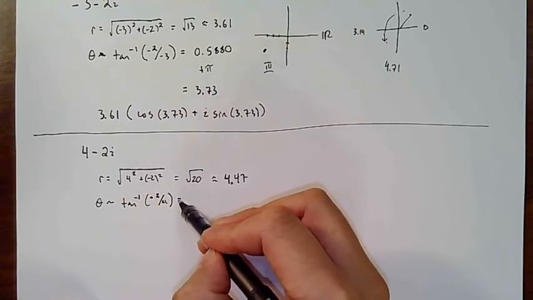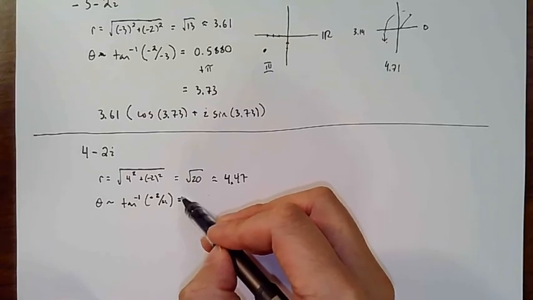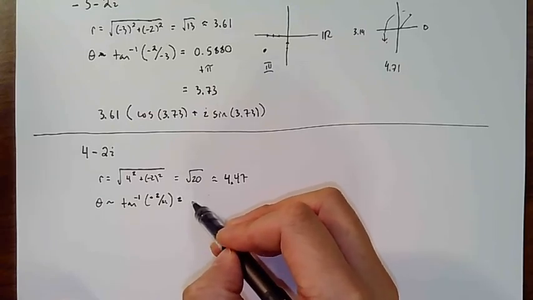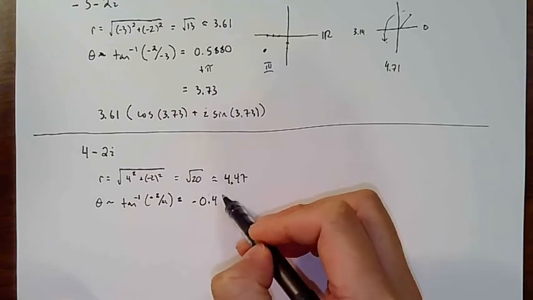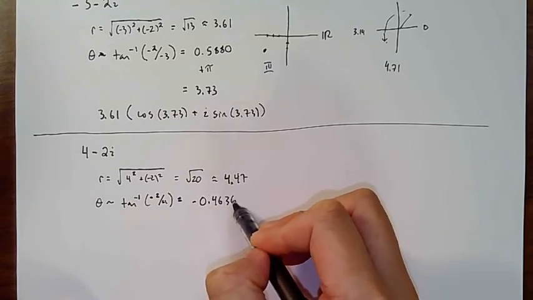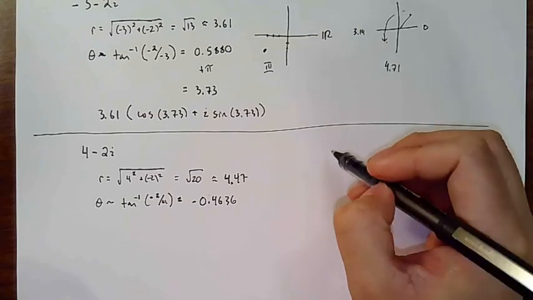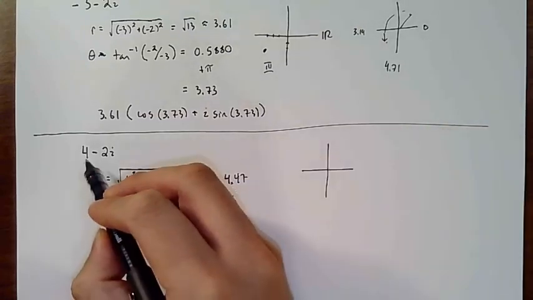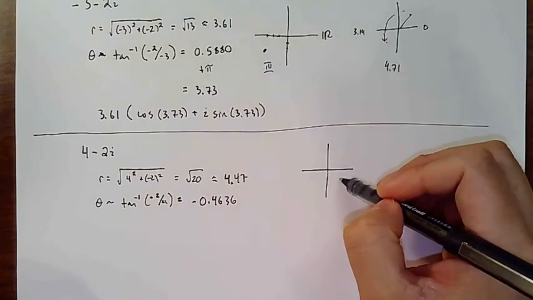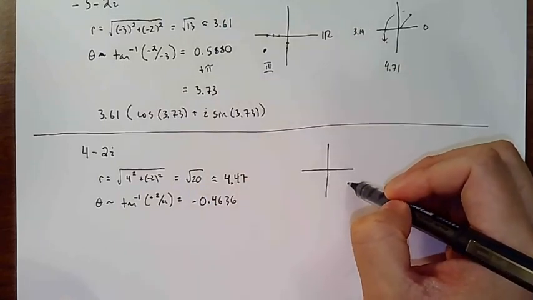Okay, and when you do that, you get something like negative 0.4636. So let's look at this. Let's diagram this point. 4 minus 2i is going to be something over here.